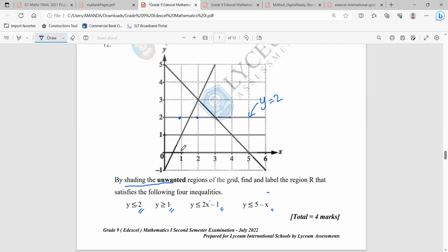You see, this is 1, 2, 2, 2, 4, 2, anything. So that's y equals 2. And then they have given the y equals 1 line as well, which is this one. And they have given y equals 2x minus 1. 2x minus 1 is easy to identify. 2x minus 1 is this line.